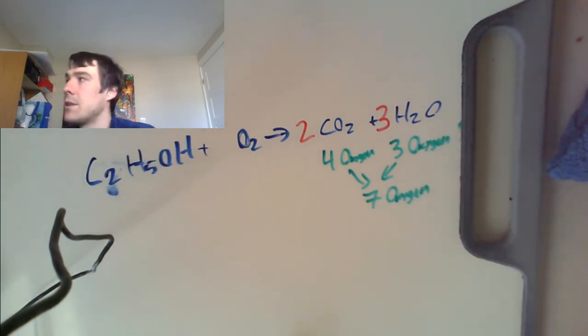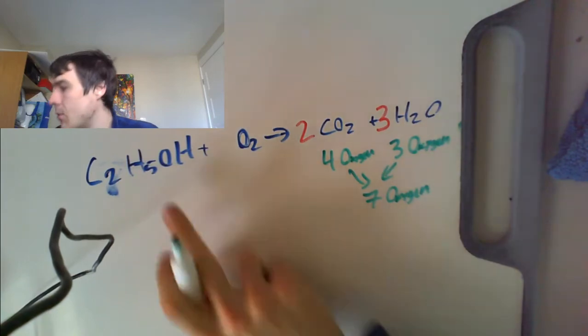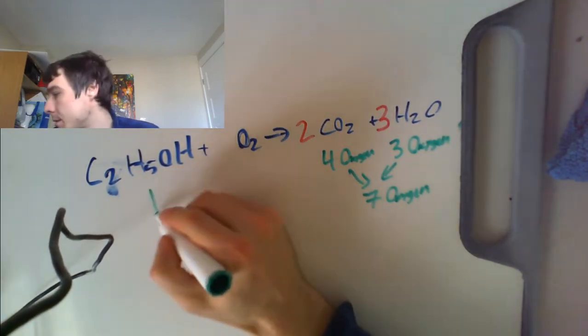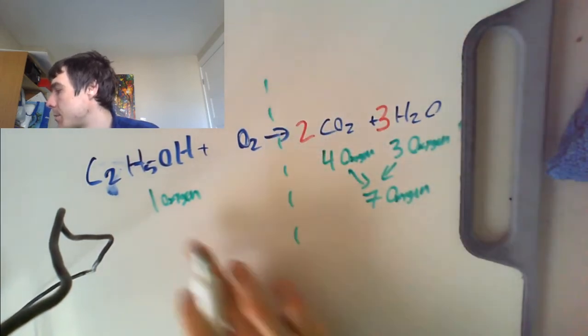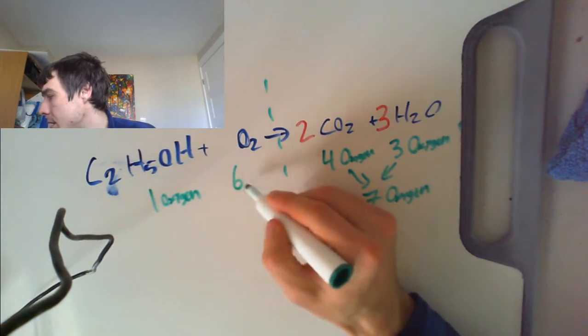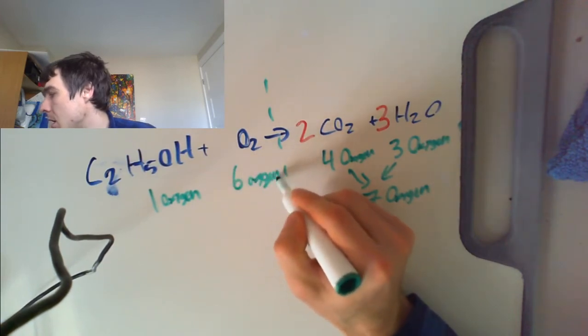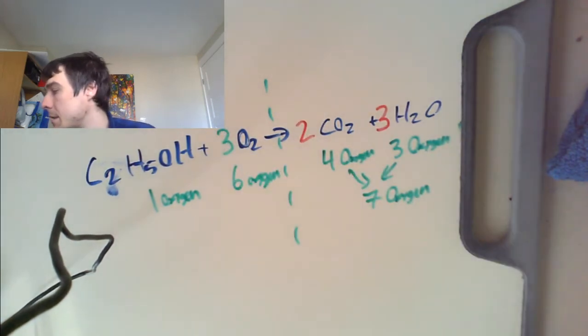We have 7 oxygens there. One of our oxygens is in our starting material, so there's 1 oxygen here. 1 here, 7 here, which means we need 6 oxygens in our O2, which means if we put a 3 here, we'll be balanced.